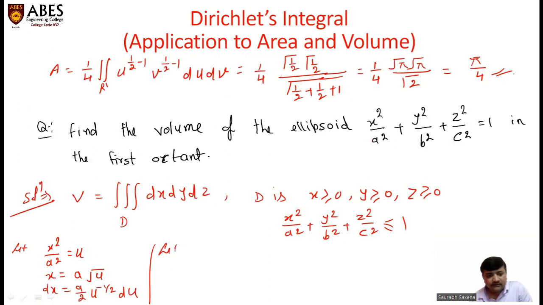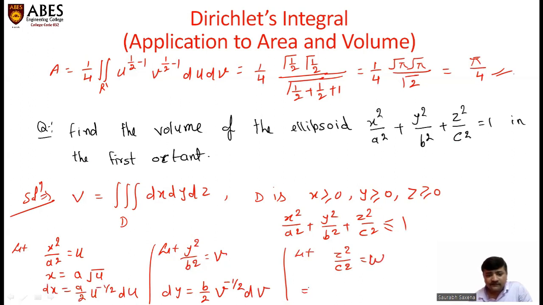Similarly, let y square upon b square is equal to v, and this will give you dy is equal to b by 2 v raised to the power minus 1 by 2 dv. Similarly, let z square upon c square is equal to w, and this gives dz is equal to c by 2 w to the power minus 1 by 2 dw.